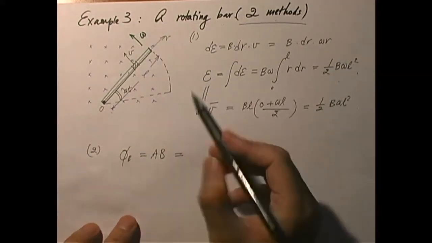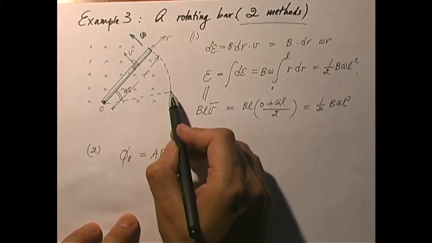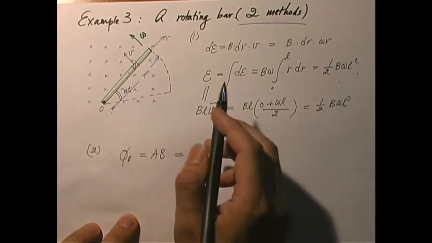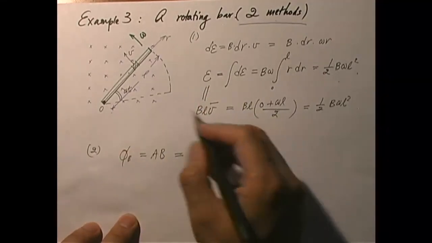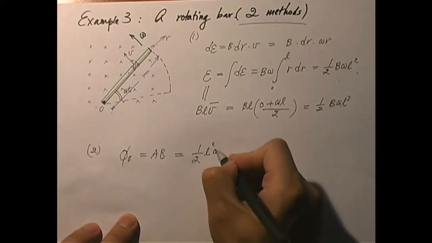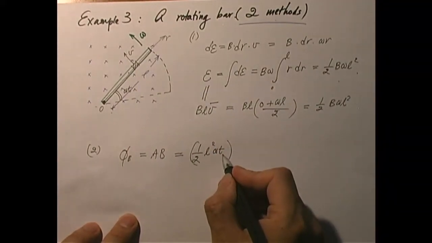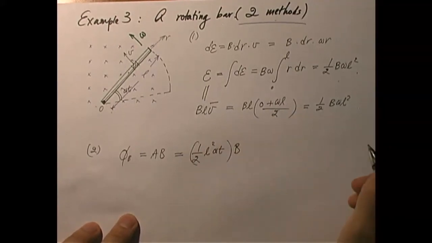Well, the area is 1/2 arc length times radius. Arc length theta times r, and the radius is just r, so it's 1/2 r squared times theta. R here is L, from here to there is L. Theta is omega t, right? So you see, the area changes. It's proportional to t. It grows as time increases. Makes sense. Times B, the magnetic field.